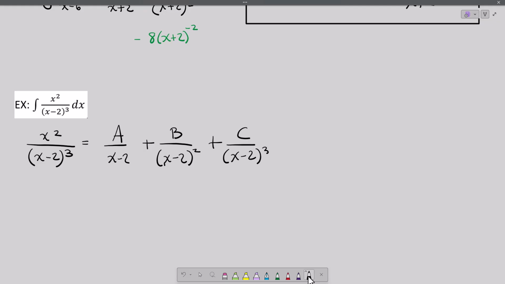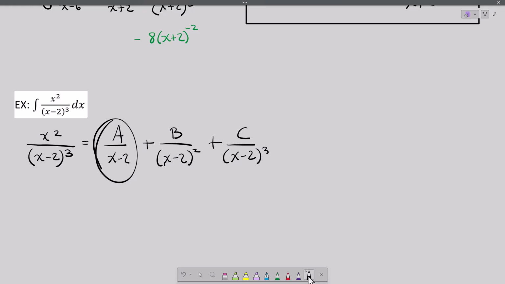To add these 3 fractions, we would have to have this common denominator of x minus 2 cubed. To get an x minus 2 cubed, we'd multiply this one by x minus 2 squared over x minus 2 squared. And that's how we build up that square in the numerator to match that.